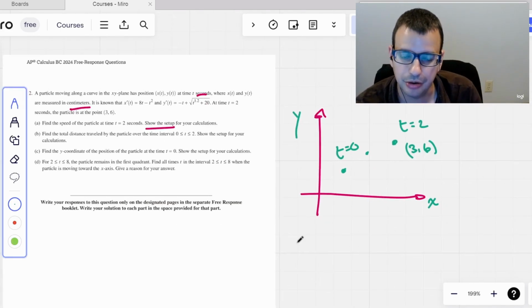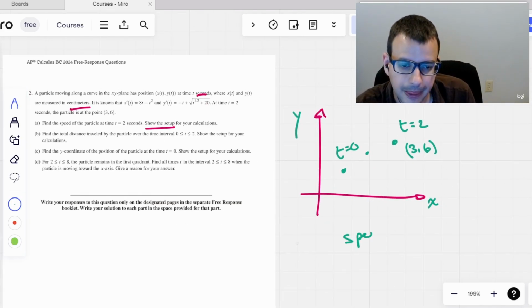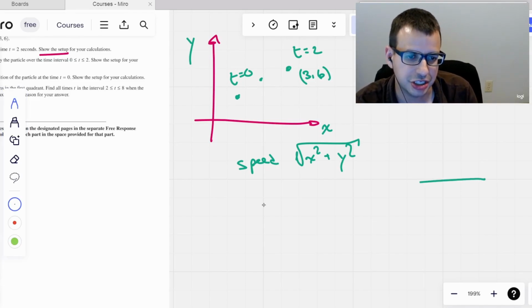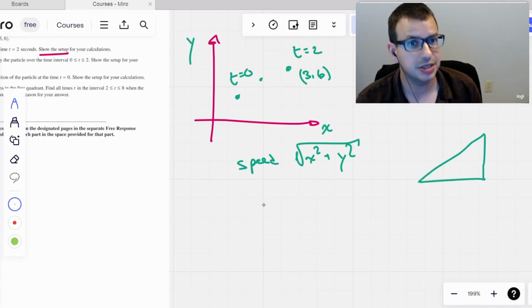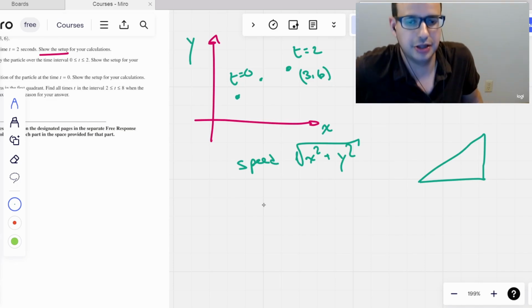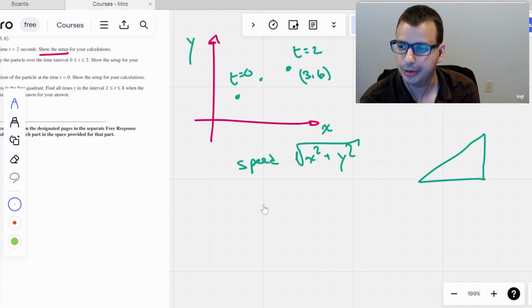So the speed of the particle is going to be the square root of the x value squared plus the y value squared. We're going to look at this as just adding vectors. When you add vectors, you add them vectorially, meaning triangles, Pythagorean theorem.